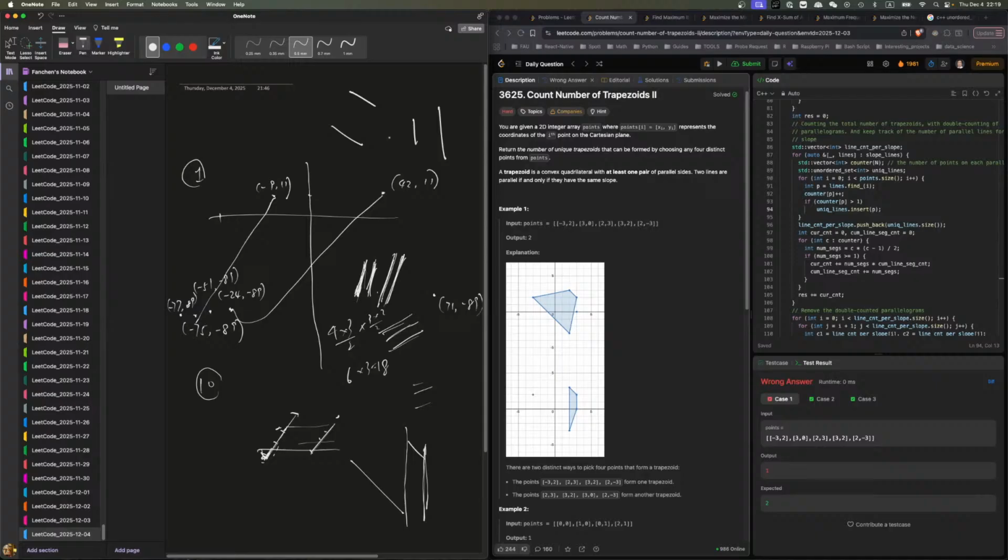Then what? How do you dedupe them? Right, so when I have a bunch of segments and a bunch of segments, how do I know this and this form a... I don't.